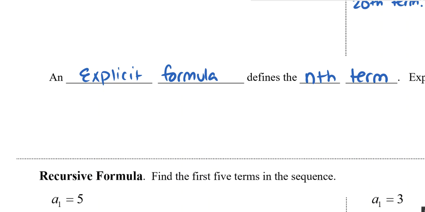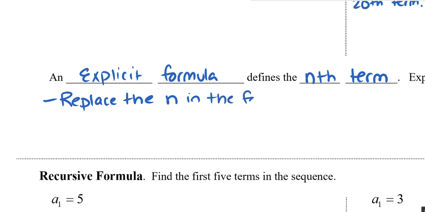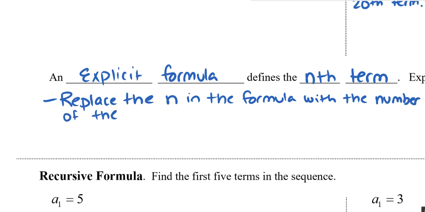All we have to do is replace the n value in the formula with the number of the term. Once you replace the n value in the formula with the number of the term, simply simplify and you'll find the value of that term.